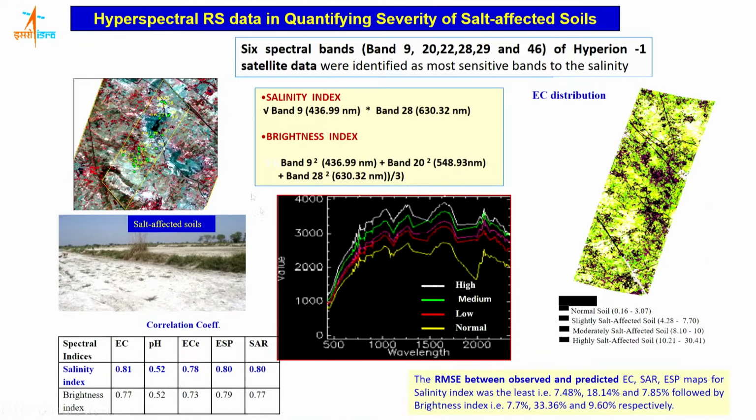So the salinity index and brightness index, we found these two indices are very important, and we identified the spectra of soils also, and then we can map the soils with different electrical conductivity EC values.